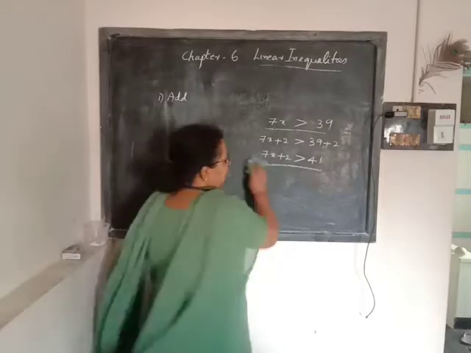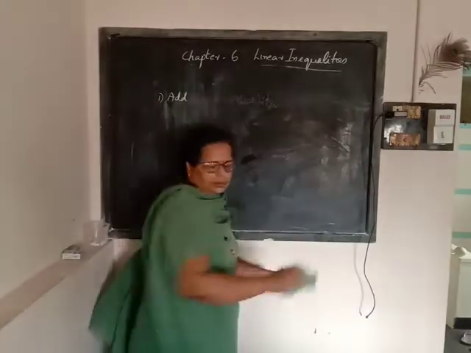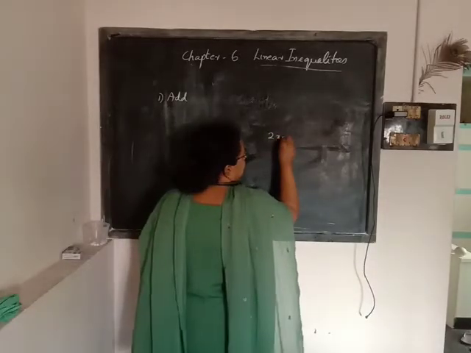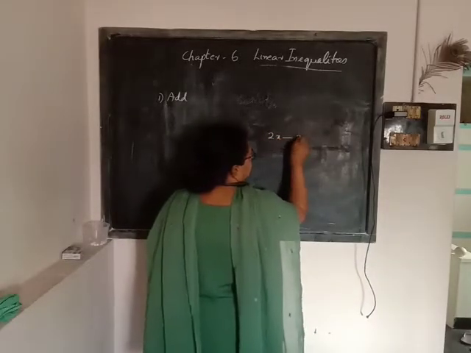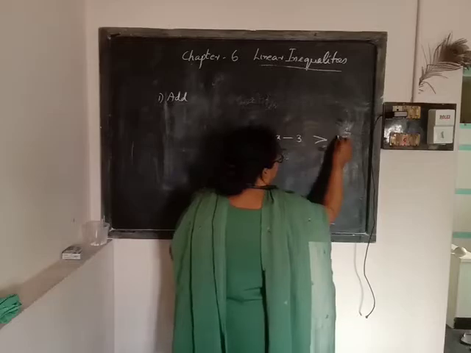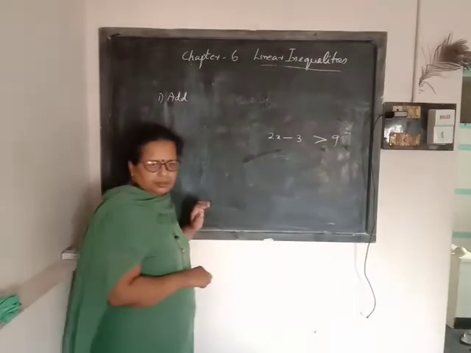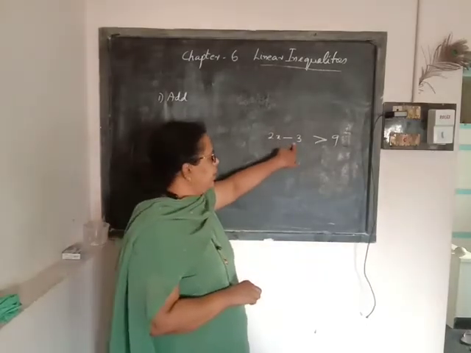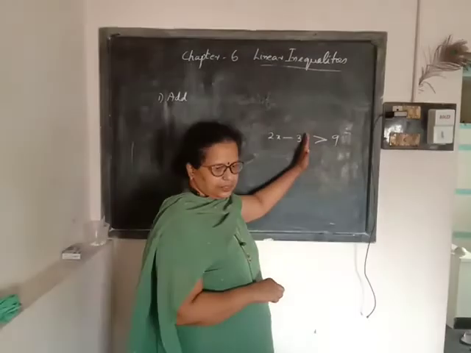Look at another problem. If it is 2x minus 3 greater than 9. I don't want this minus 3 here. So what do I have to do? I have to add plus 3.